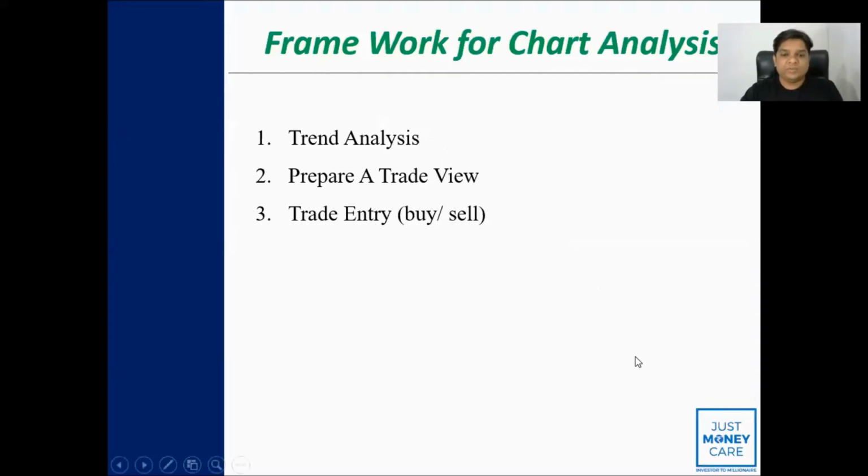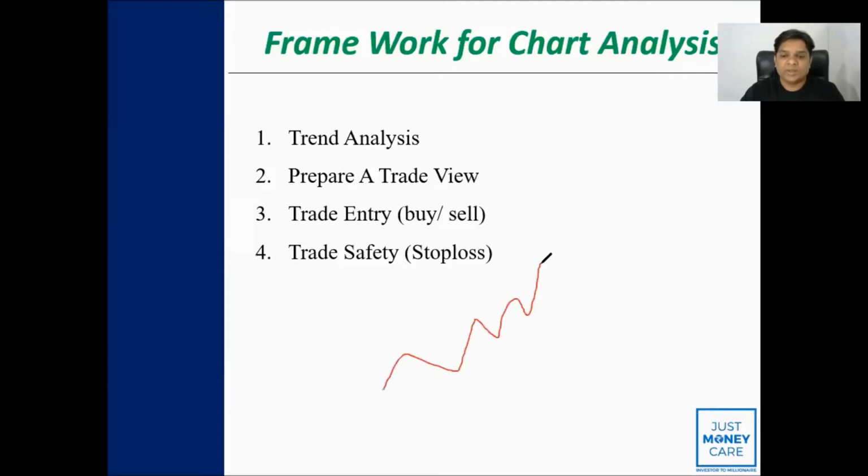And after that, the fourth point is all about trade safety, or I would say stop loss. If we go wrong, the market will sometimes give you a loss also. So we will fix our loss with our stop loss. Whenever the stock price is going up and somewhere here you have bought, you have only one or two candle stop loss.